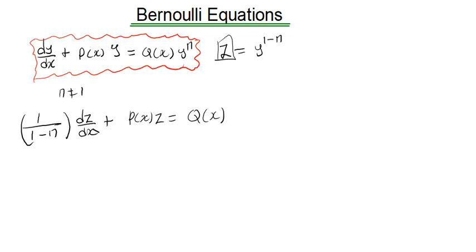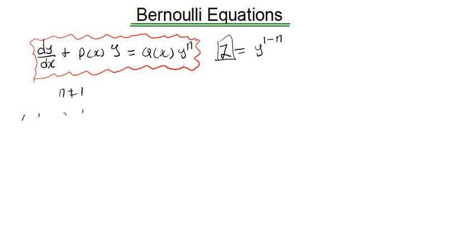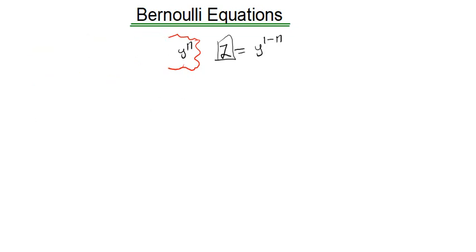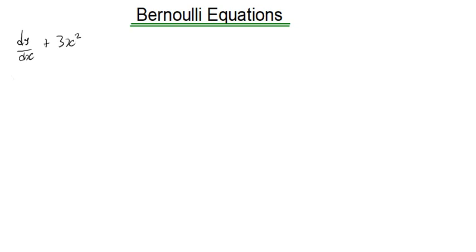Okay, so now let's look at some examples and see how we can work this out. So let's look at this example. Let's say we have dy/dx plus 3x squared by y equals x squared y to the power 3 there.